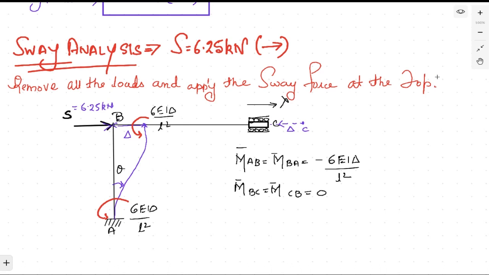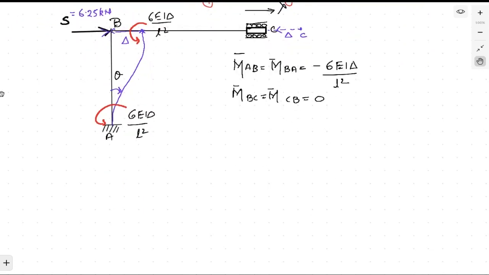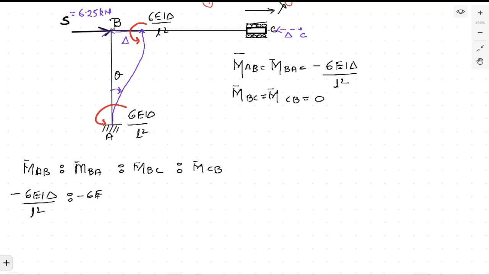Now if I consider a certain ratio, M bar AB is to M bar BA is to M bar BC is to M bar CB, then this ratio will be minus 6 EI delta divided by L square is to minus 6 EI delta divided by L square is to 0 is to 0.